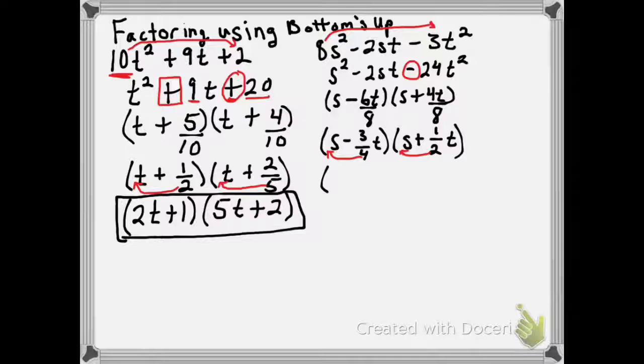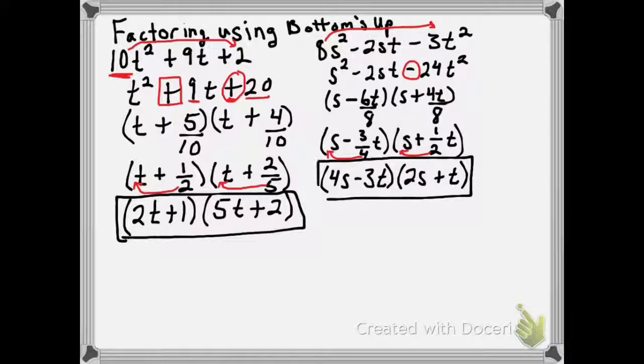And so our final answer should be 4s minus 3t times 2s plus t. Now that t has a coefficient of 1. You can put that or not. It doesn't really matter. In this case, I'm going to leave it off, and so there's our final answer.